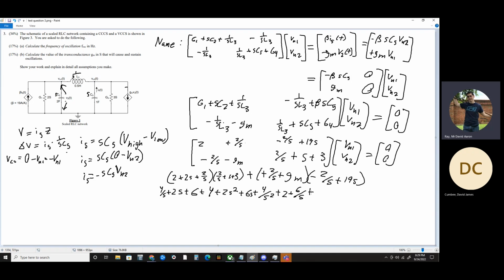So then this is going to be plus 2 over S times negative 2 over S, which turns into negative 4 over S squared. So something's going to cancel out in a second. 2 over S times 19S is going to be 38. Yeah, just 38. GM, that's going to be negative 2 GM over S.